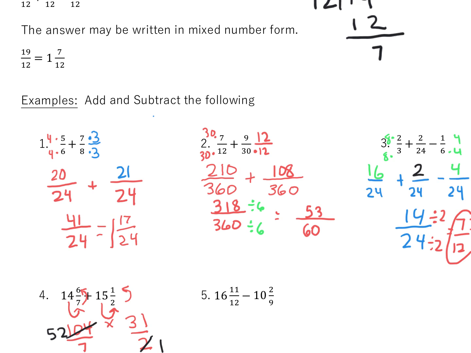Now let's go ahead and multiply numerator times numerator and denominator times denominator. You can use your calculator for that. That's 1,612 for the numerator, and then bottom times bottom, 7 times 1 is 7. If you choose to convert that into a mixed number, let's see if you remember how to do that.